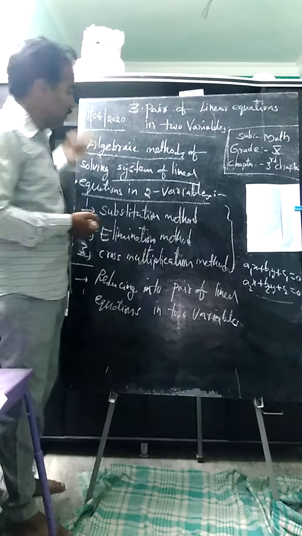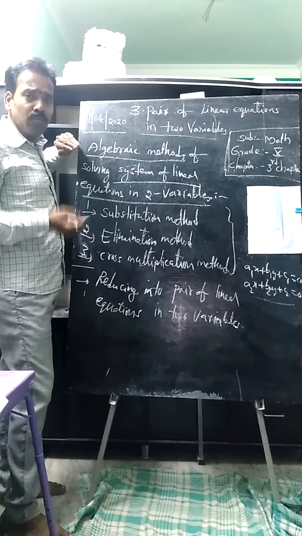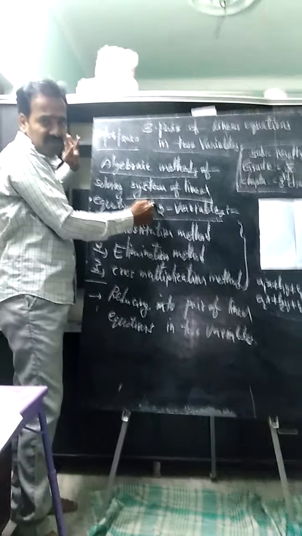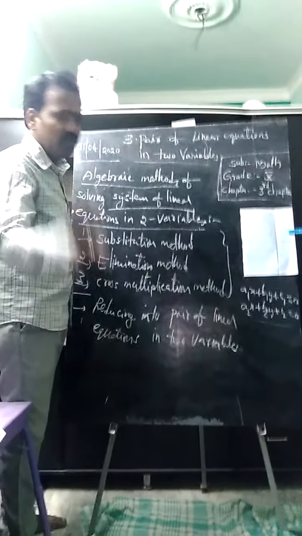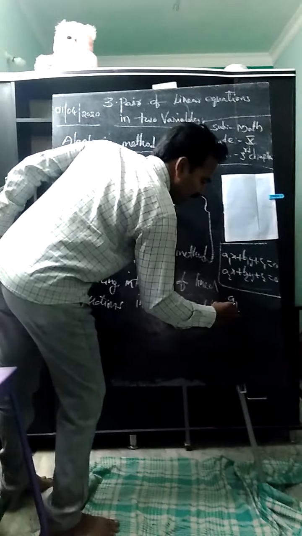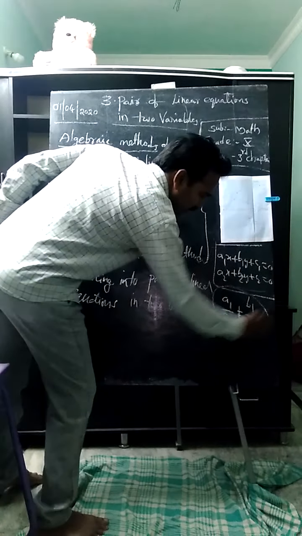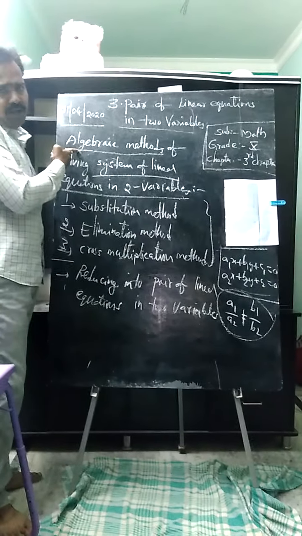Again I am saying, students, algebraic methods are possible only when the pair of linear equations in two variables, or system of linear equations in two variables, contains a unique solution. It means after writing in standard form, if a1 by a2 is not equal to b1 by b2, then only any algebraic method is applicable.